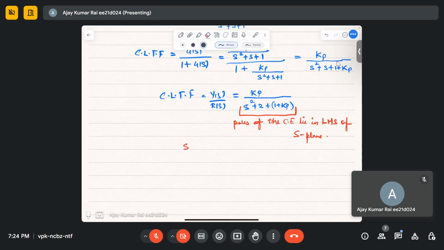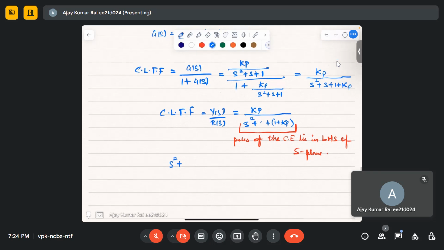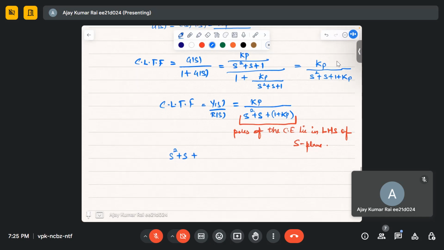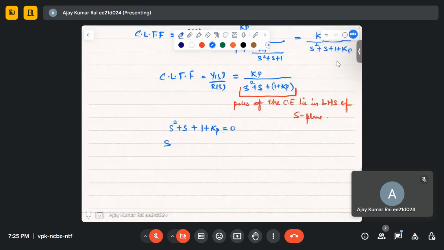Okay, so we'll work on this characteristic equation, which is s square plus s plus 1 plus Kp. Okay, so this is the characteristic equation. So what is the possibility, right? Let me first find the roots. s equals minus 1 plus minus root of 1 square minus 4ac, by 2.